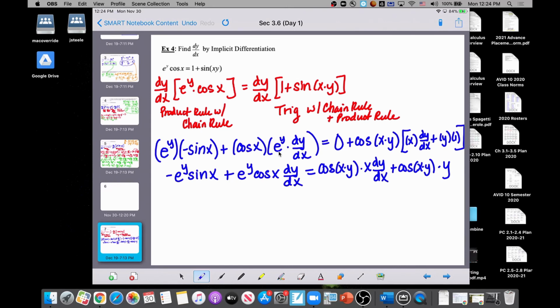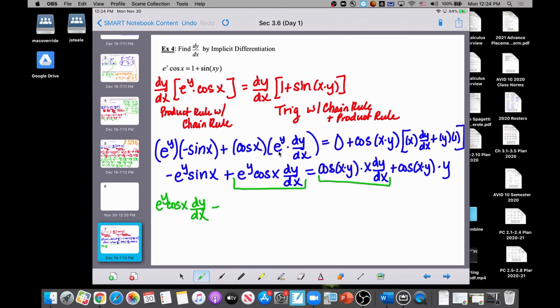Okay, so now I'm always wanting to get my dy dx's on the same side so that I can solve for dy dx. So I'm just going to do some rearranging of terms. I'm going to have my e to the y cos x dy dx. And then I'm going to move this term right here, x cos xy dy dx, over to the other side.